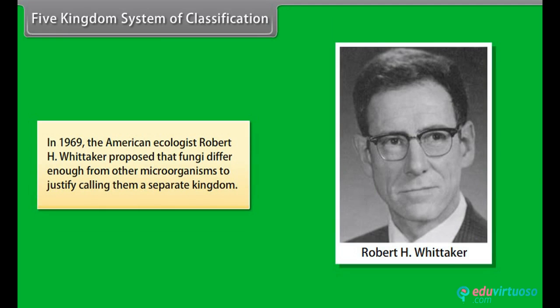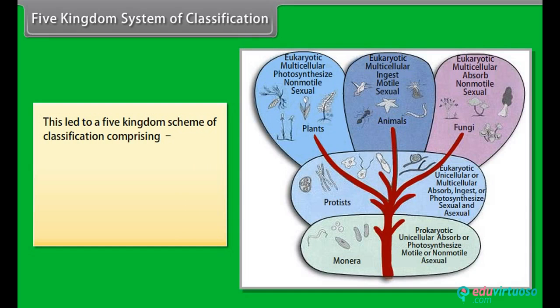Five-kingdom system of classification. In 1969, the American ecologist Robert H. Whittaker proposed that fungi differ enough from other microorganisms to justify calling them a separate kingdom. This led to a five-kingdom scheme of classification comprising Monera, Protista, fungi, plantae, and animalia.